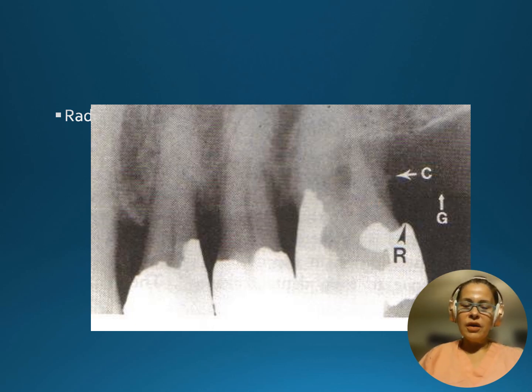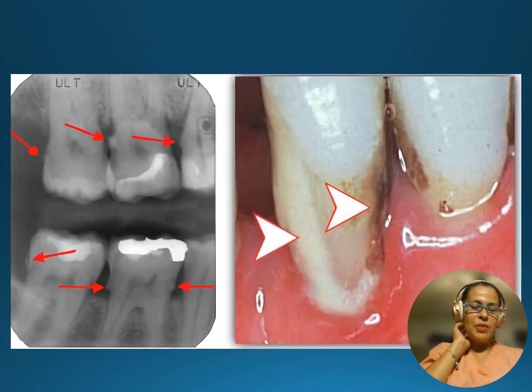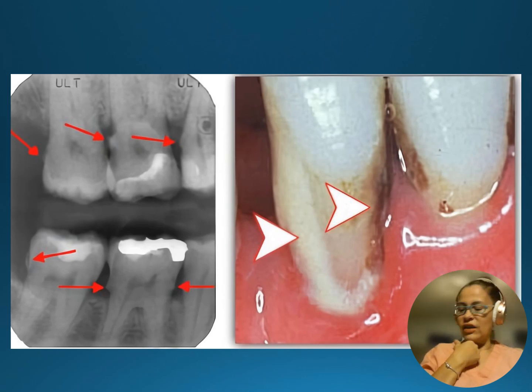As a rule of thumb, fellows, once you start seeing patients, you're going to realize that the calculus that you see radiographically is the ugliest calculus that you're going to see in the mouth. What am I trying to say with this? When a patient has radiographic calculus, something like this, you'll be looking at it like, oh, he has one, two, three, four pieces of calculus.